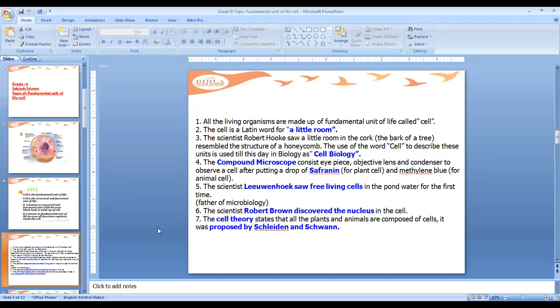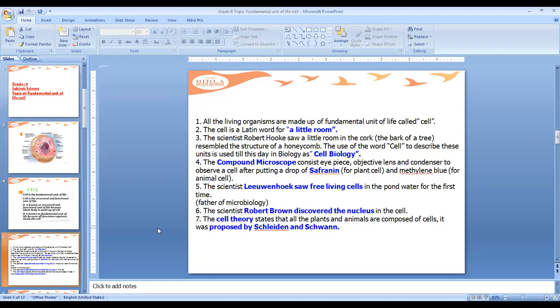After seeing this, he discovered that living cells are free moving, and that there are plant cells and animal cells. He differentiated the cells. He also differentiated the amoeba. Amoeba is a unicellular organism.